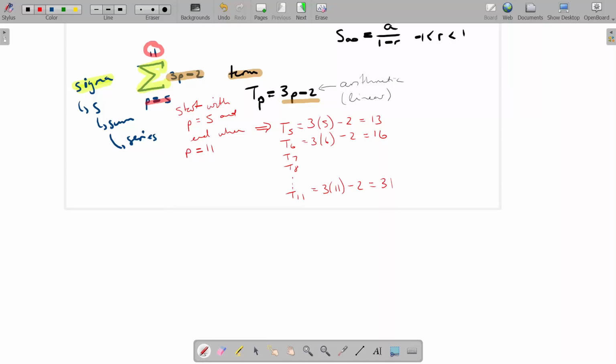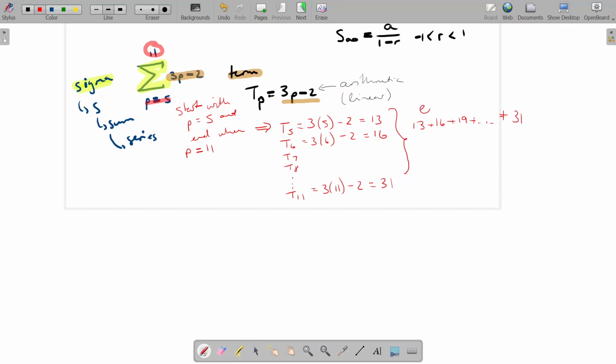So in effect, what they're asking us to do is to add up the values 13 plus 16 plus 19, until we get to adding 31.